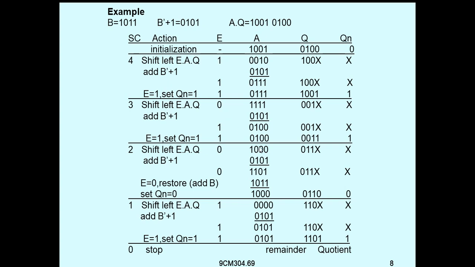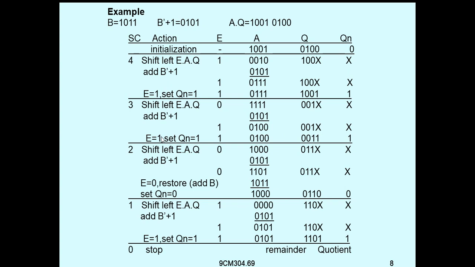So the result after addition is 1 0 1 double 0, and then 0 0 1.